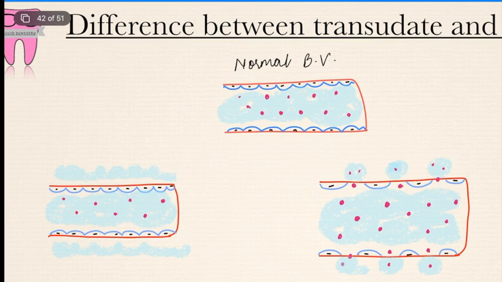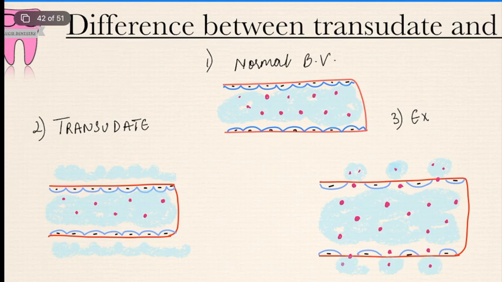So here we have three diagrams. The first diagram is of a normal blood vessel, and in the second diagram I'll be explaining to you about the transudate, how this transudate fluid occurs or accumulates. And in the third diagram, I'll be explaining how exudate is filled around the blood capillaries.